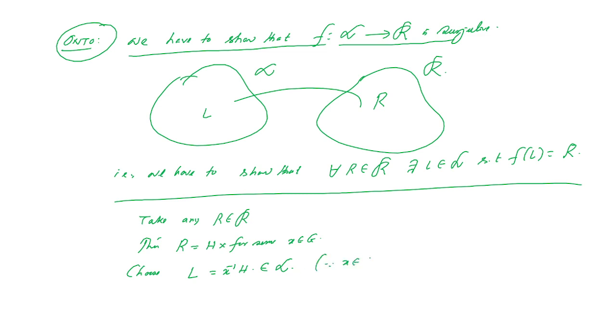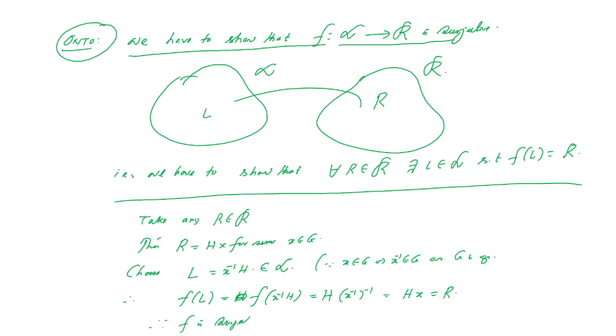And since x belongs to G, that implies x inverse belongs to G as G is a group. So therefore, f of L will be f of x inverse H, and that will be, according to the definition of the map, H x inverse inverse. So this will be Hx, and this is basically R. So that means R has a preimage. Since R is arbitrary, we can write f is surjective.